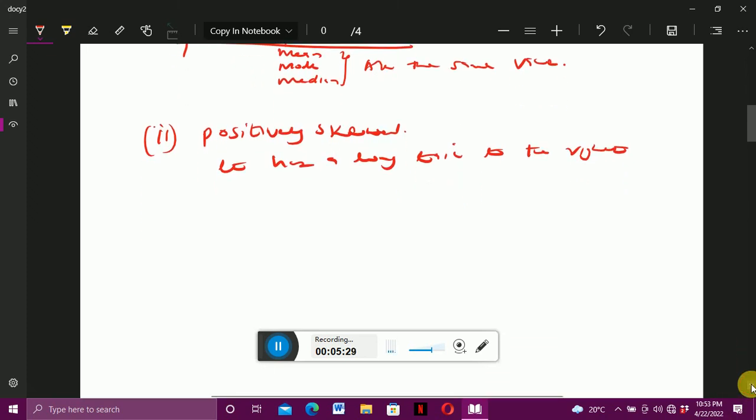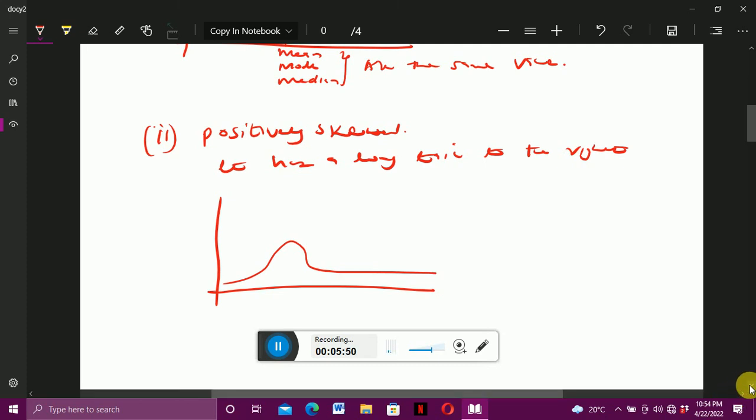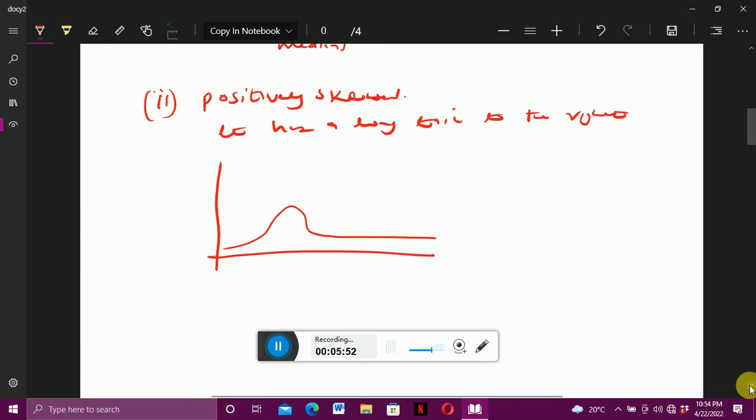So let us illustrate that here. It has a long tail to the right. So what happens is that the frequency curve will have a peak there, and then to the right we are going to have a long tail, as we have indicated here.